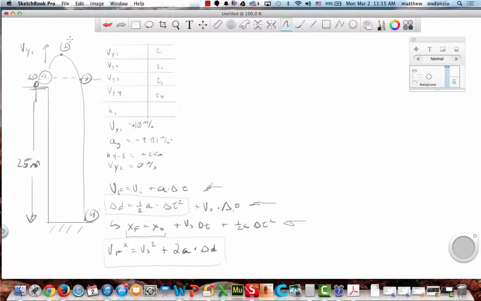Does it accelerate or does it go at a constant velocity? Why at constant velocity? Why does it not accelerate? There's no force acting. So in this case, after it leaves my hand and gets pushed up, there's no other force acting on it except for gravity. That's why it does what? Slows down until the velocity reaches 0. And at that point, I'm still only acting on that part, gravity.